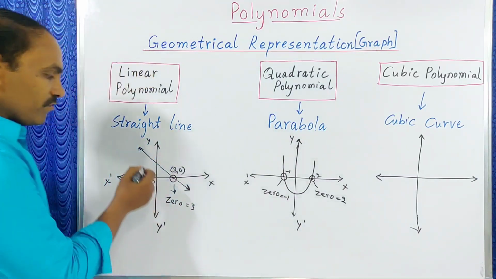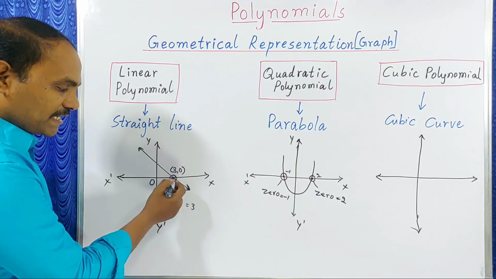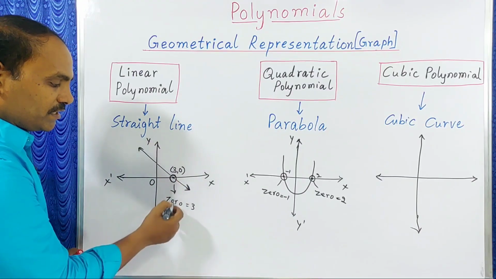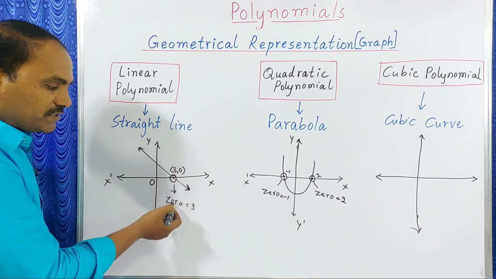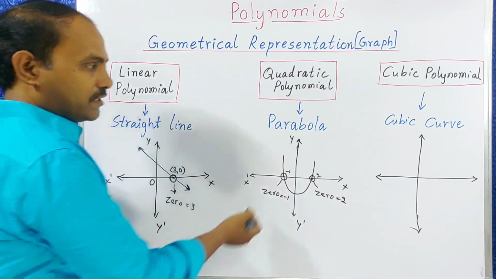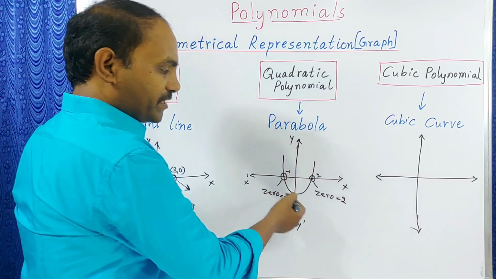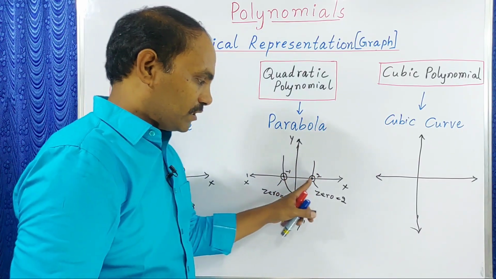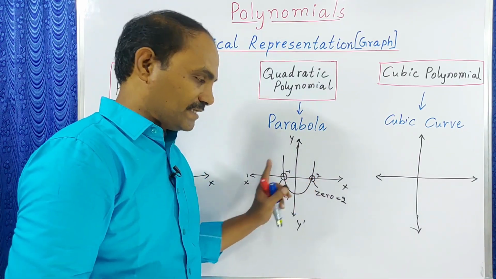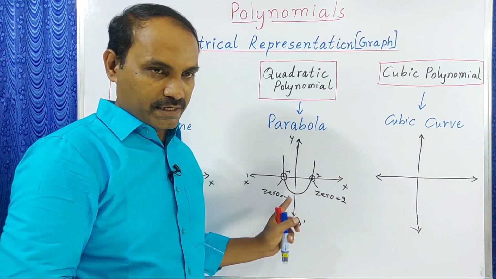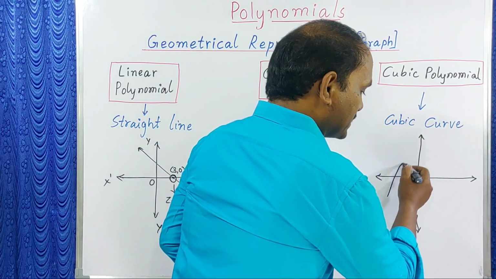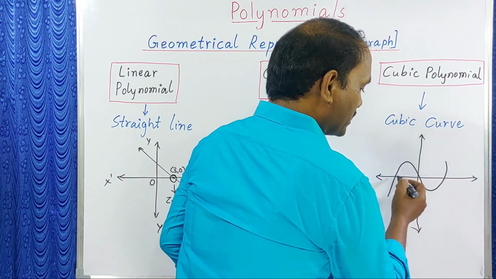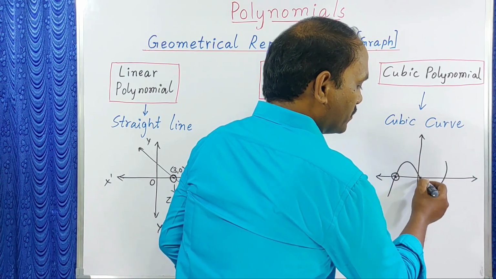Here the straight line meets the x axis in one point, that's why this one is a linear polynomial, and here zero is 3. Quadratic polynomial represents a parabola. This parabola touches the x axis in two places, that's why 2 zeros are there. Here cubic polynomial touches the x axis in 3 places, that's why here 3 zeros are there.